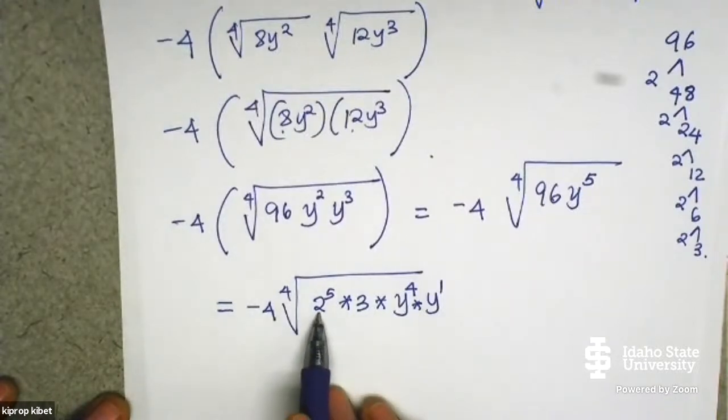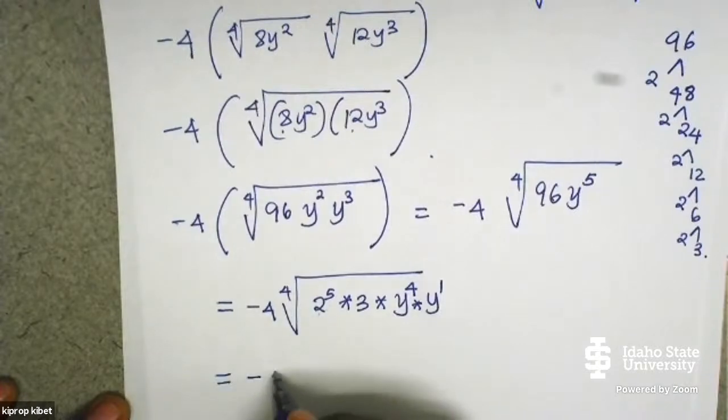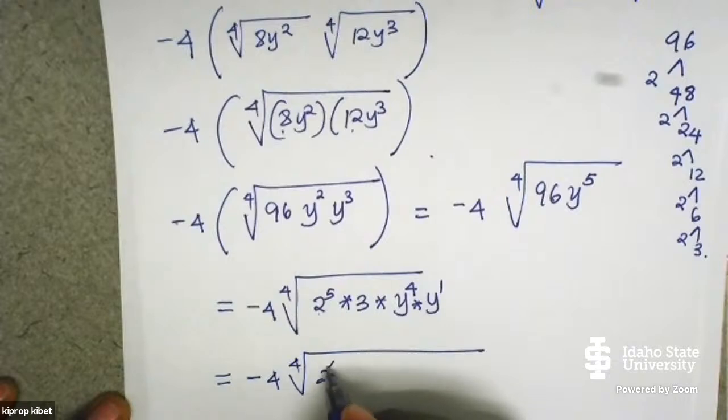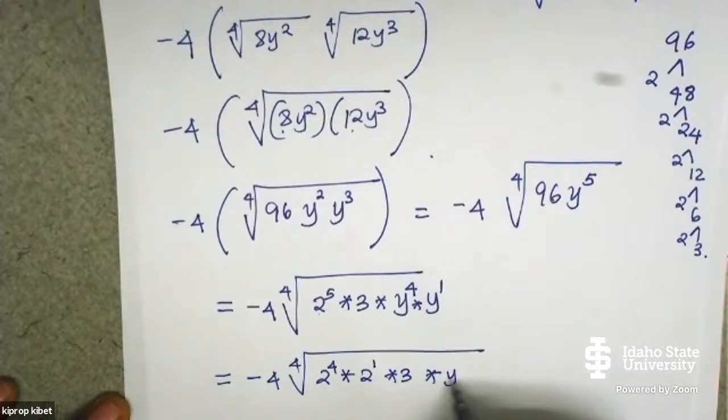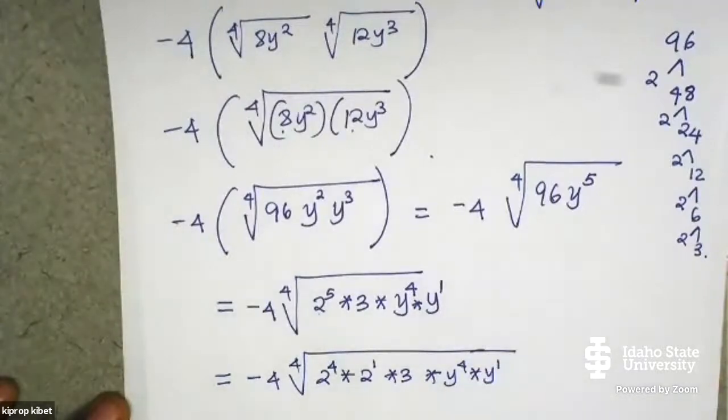Again, we can still write this 2 raised to 5 as the fourth root of 2 raised to 4 multiplied by 2 raised to 1 multiplied by 3 multiplied by y raised to 4 multiplied by y raised to 1.